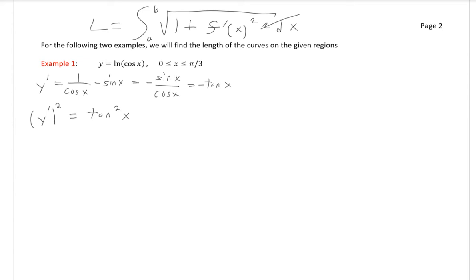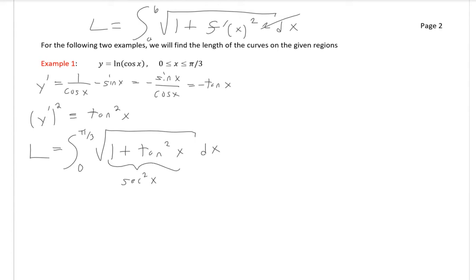So then we can evaluate the length from a to b, in this case from 0 to pi thirds, as the square root of 1 plus tangent squared x dx. We recognize 1 plus tangent squared as secant squared x by the Pythagorean identity. So we get 0 to pi thirds.